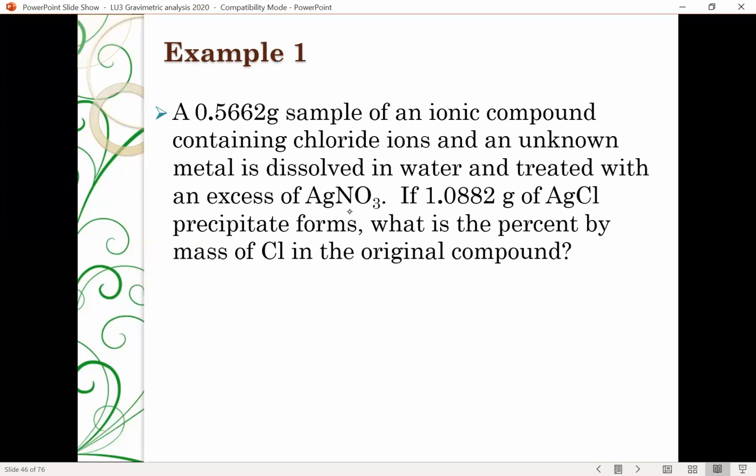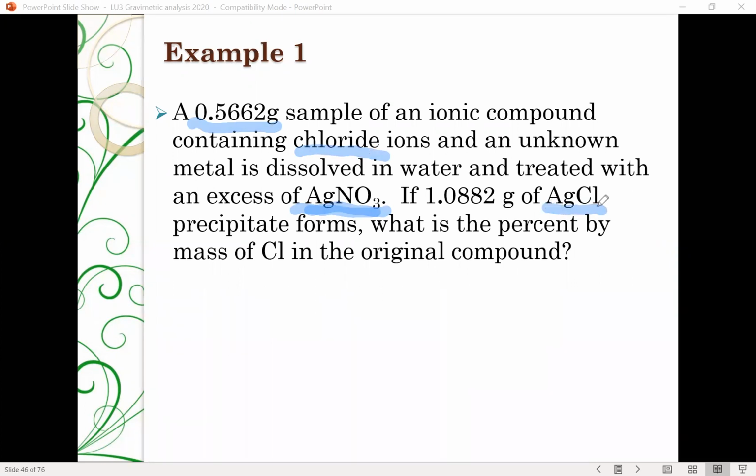So we have our sample here, 0.5662, and we also have our precipitating reagent, which is AgNO3. When the chloride ion from the sample reacts with AgNO3, it yields AgCl precipitate.